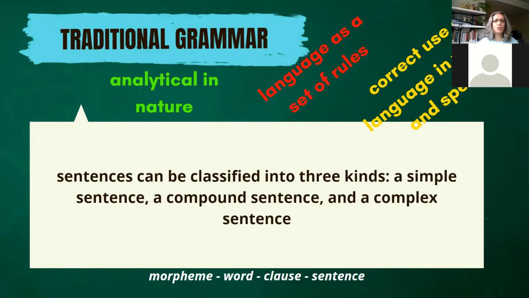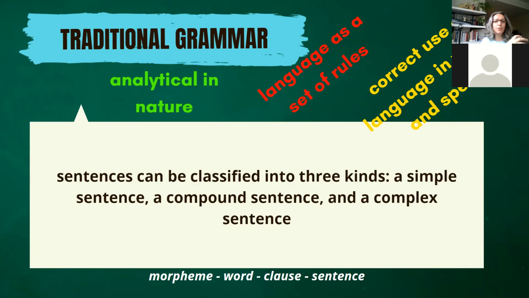In contrast, traditional grammar recognizes sentences as the highest hierarchy, and it does not recognize groups of words. So we'll hear things like an adjective group or a noun group. Traditional grammar does not recognize groups of words. It recognizes morphemes, which put together make up words, and then words that are put together form clauses.